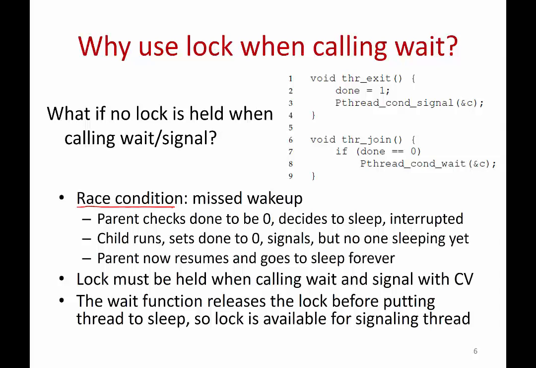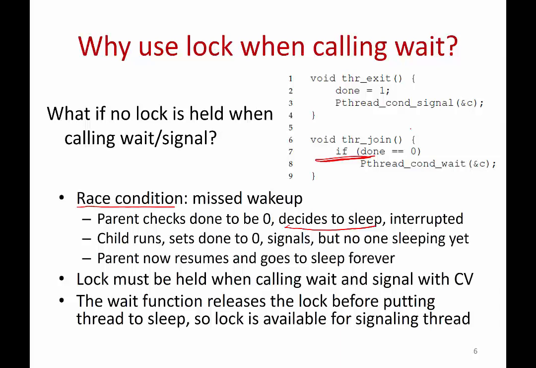Suppose the parent runs first, it checks this condition, it sees that the child has not run, and it decides to sleep. Once the decision to sleep has been made, but just before it sleeps, the parent is interrupted, right? The parent has not slept yet, but it has decided to sleep, and it gets interrupted.